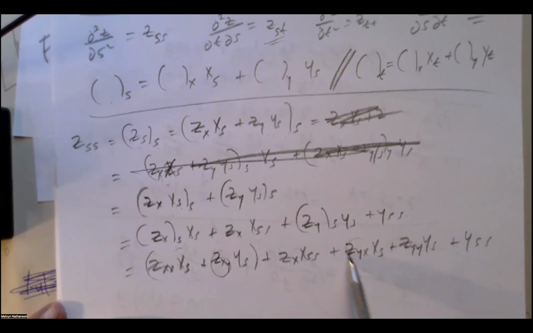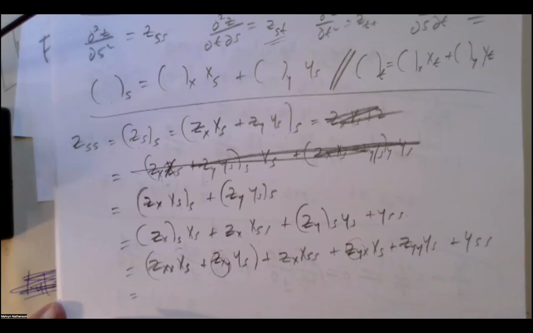And zxy and zyx are the same. That's definitely true. I have a zxy y sub s and a zys x sub s. So let's see, what do I have here?